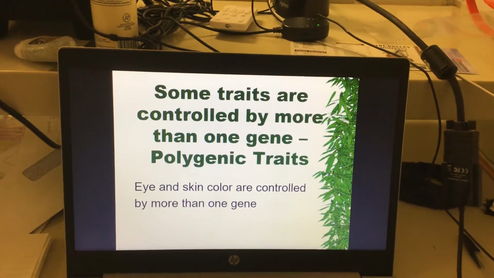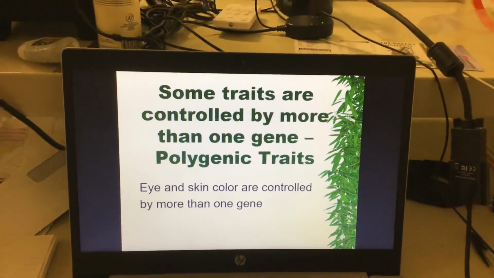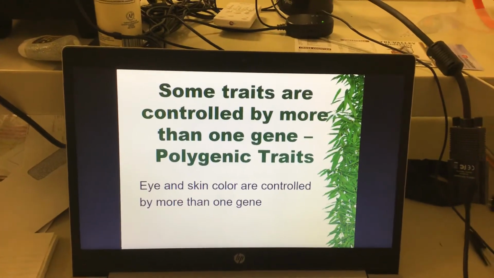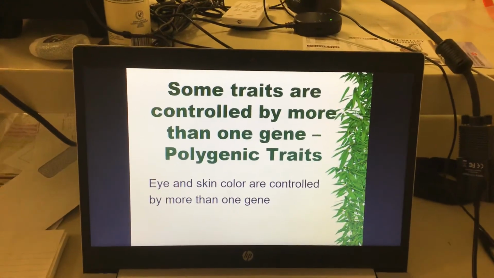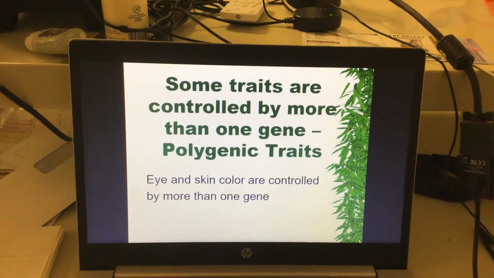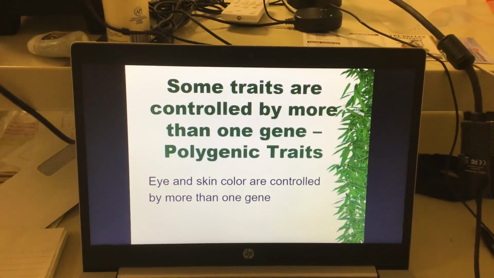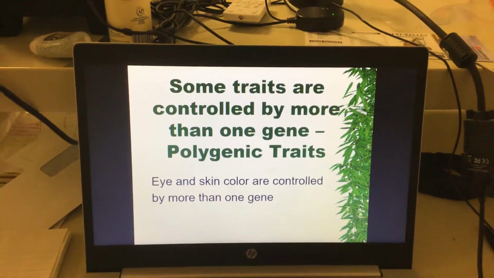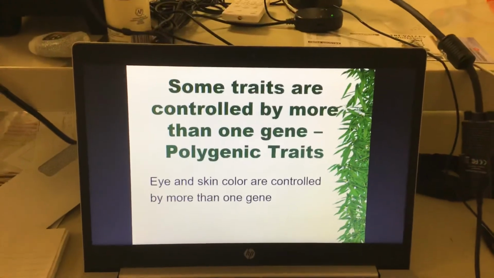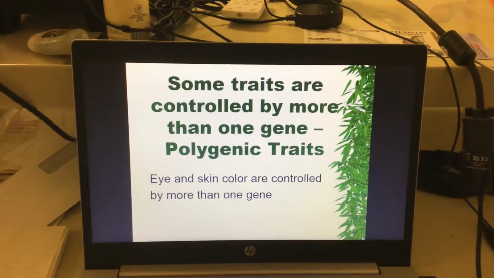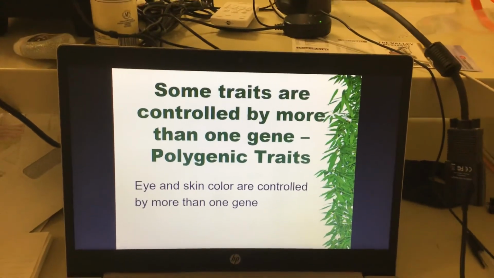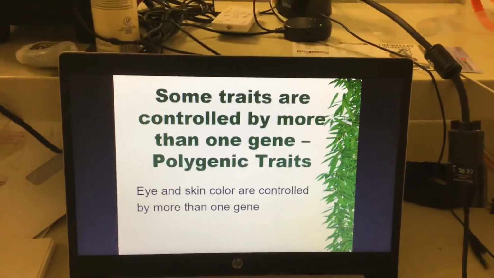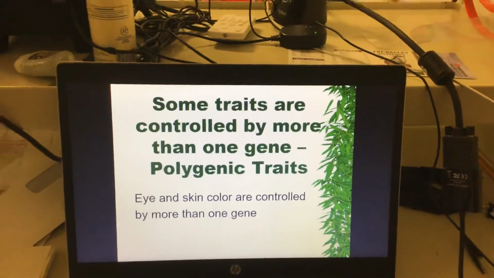And then my other brother and my sister are a little more darker complected. Now this is a polygenic trait. There are more than one gene controlling this. So that's why you see people in the same families with different skin tones, because there's more than one gene that controls it.